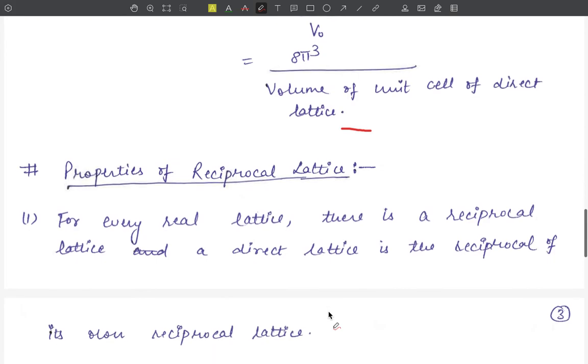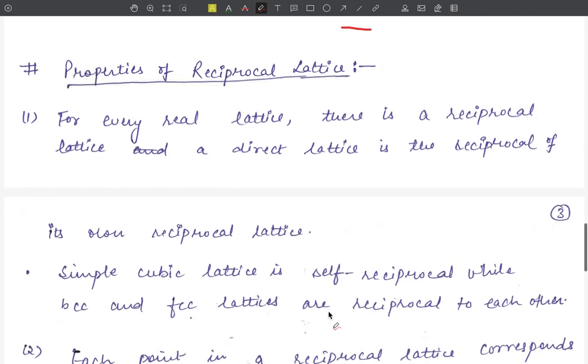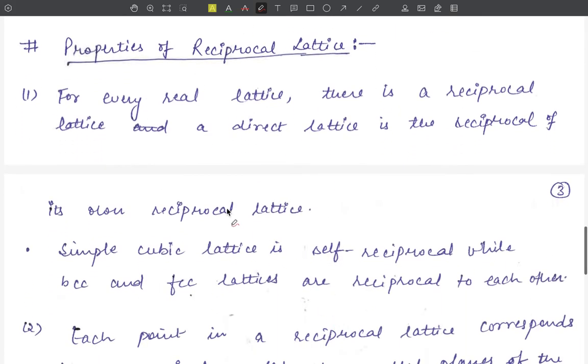In the last we have some properties of the reciprocal lattice. The first one is that for every real lattice there is a reciprocal lattice, and also a direct lattice is the reciprocal of its own reciprocal lattice.